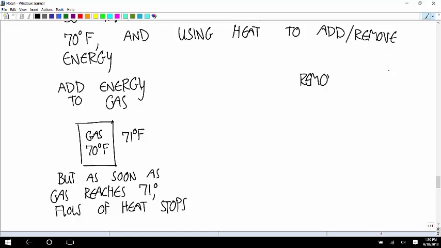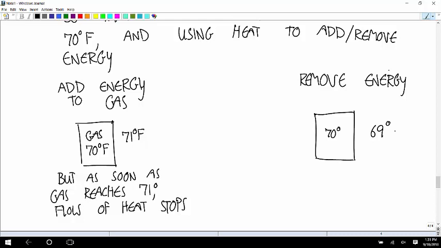Same idea with removing energy. So you have a gas here at 70 degrees. You want to get energy out of it, so you surround it with a lower temperature.